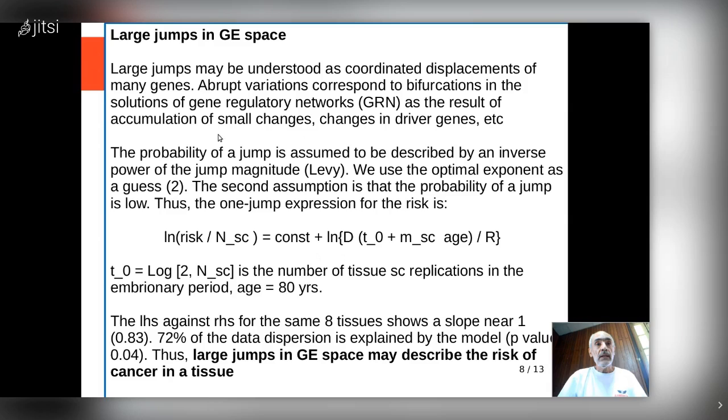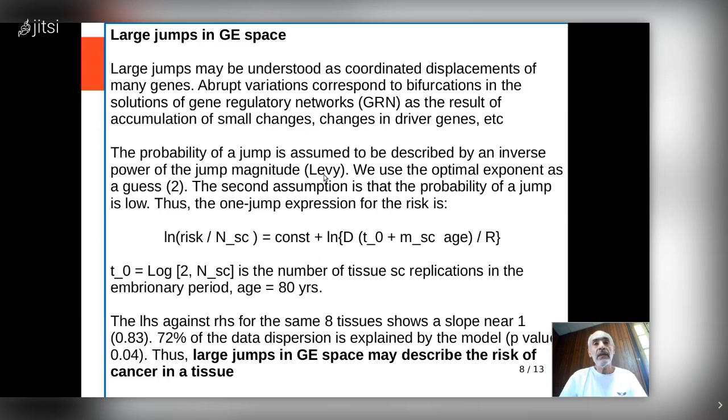Also, we will model these large amplitude jumps with a probability that is an inverse power of the jump magnitude.